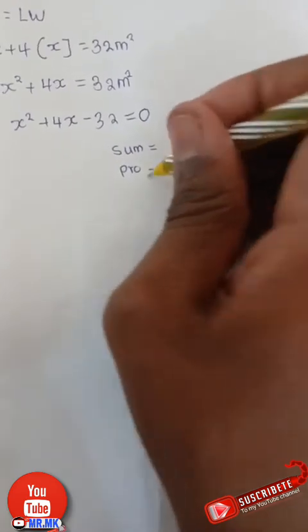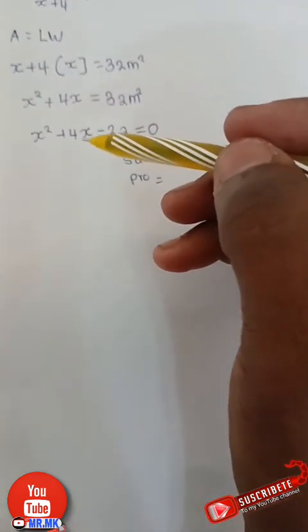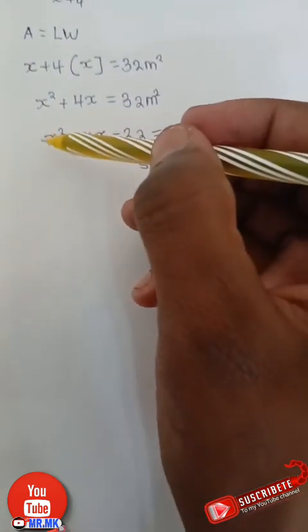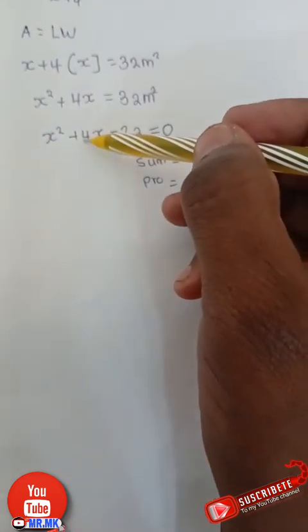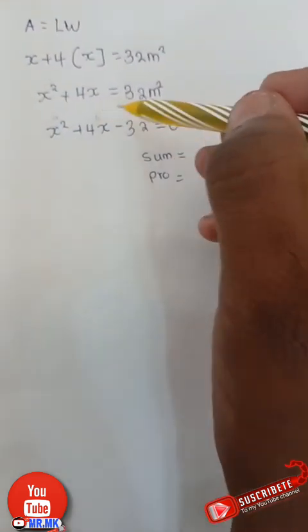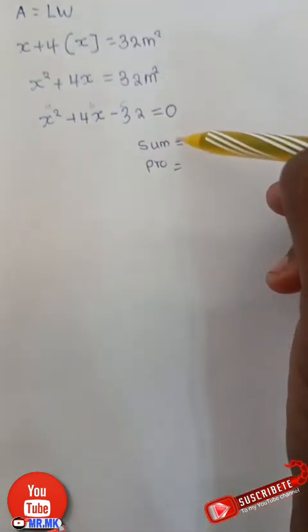How do you know the sum? The sum will be the coefficient of x. As we said earlier, the coefficient of x is the sum and the product is a multiplied by c. Let's say this one is a, this one is b, this one is c.